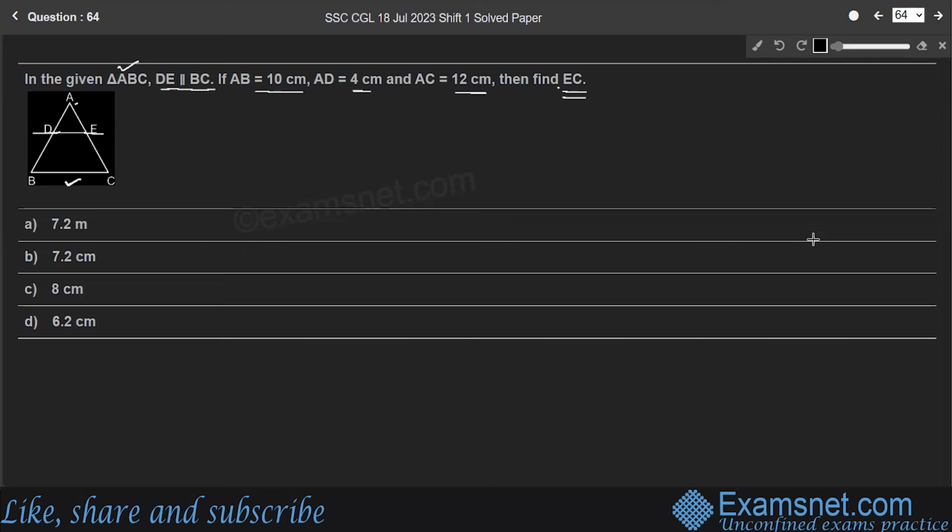Therefore, AD by BD is equal to AE by EC. I'll write the same thing. Since DE is parallel to BC, DE divides AB and AC in equal ratio.